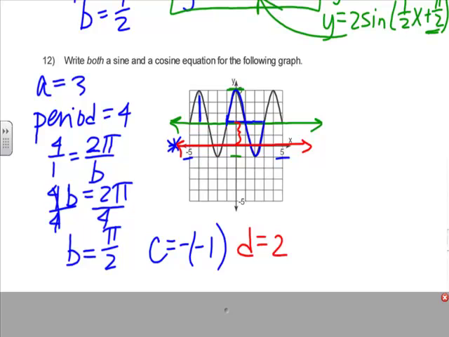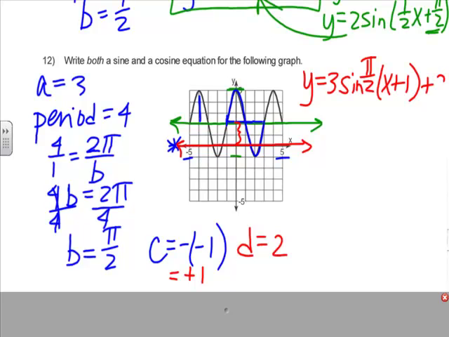So to put the pieces of this puzzle together, come over here. I get y is equal to 3 sine pi over 2 times x plus 1 for my phase shift, which I guess I didn't write here, and then my vertical shift I have to put in a plus 2.